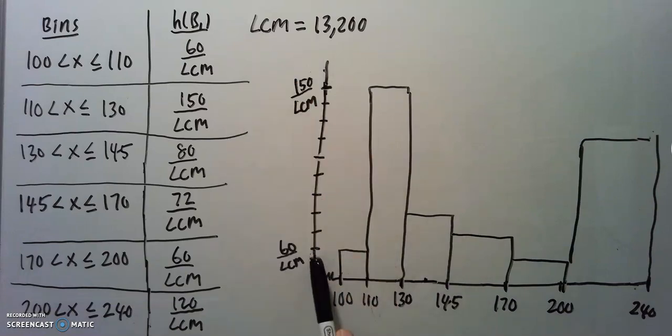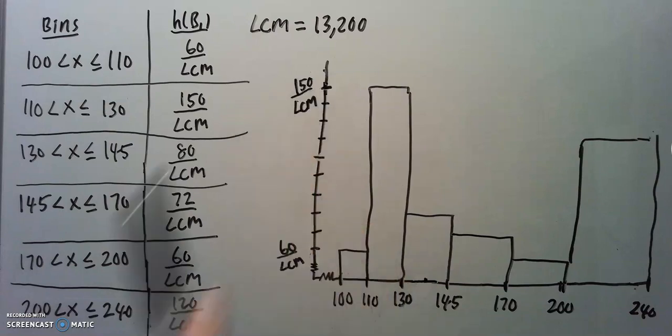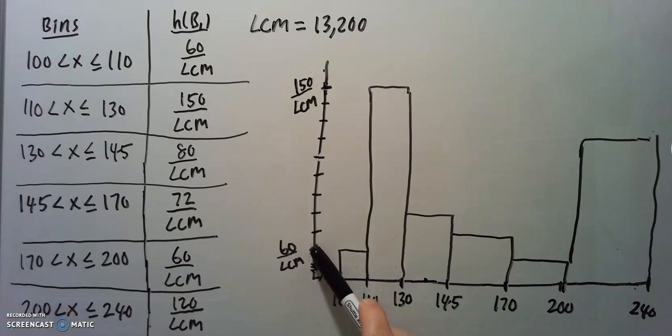I'm going by, starting at 60 and going by increments of 10. So it'll be 60 over LCM, 70 over LCM, 80 over LCM, 90 over LCM, 100 over LCM, 110, 120, 130, 140, 150 over LCM. And I have a little squiggly line here because I'm putting the 60 down close to the origin, even though there's more things in there, just so it's easier to graph it here.